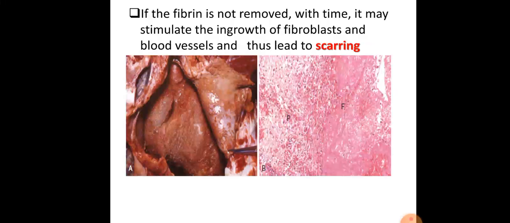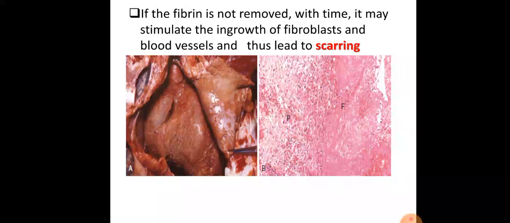If the fibrin is not removed with time, it may stimulate the ingrowth of fibroblasts. It means if the fibrin remains, it will lead to ingrowth of fibroblasts and blood vessels, and thus lead to scar formation or scarring.